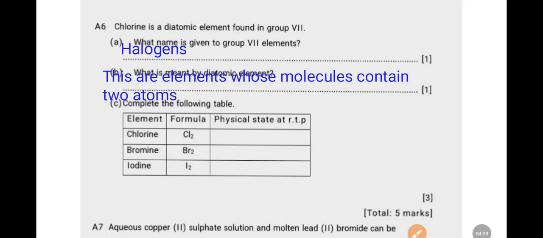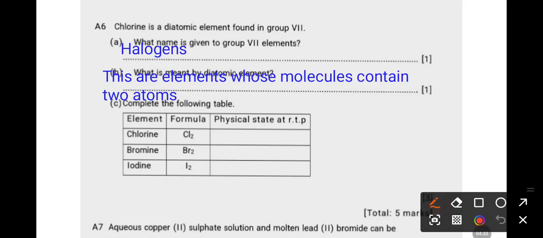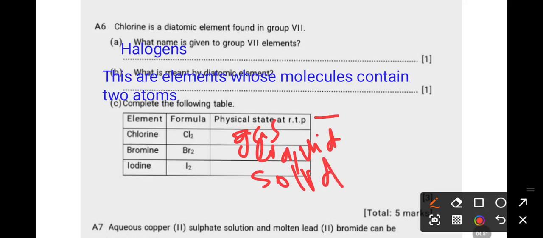Complete the following table. We are required to write the physical state at RTP. Number 1, chlorine. The physical state of chlorine at RTP is that chlorine is a gas. Then bromine is a liquid at RTP, and iodine is a solid at RTP.